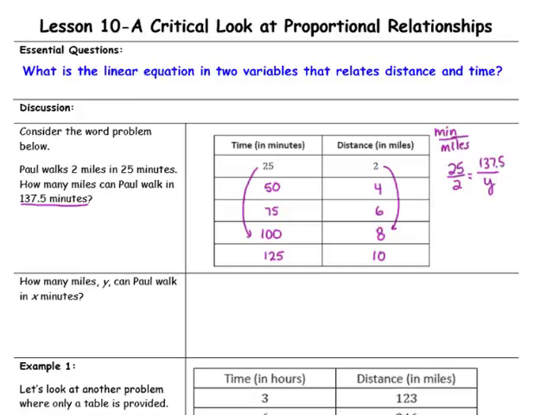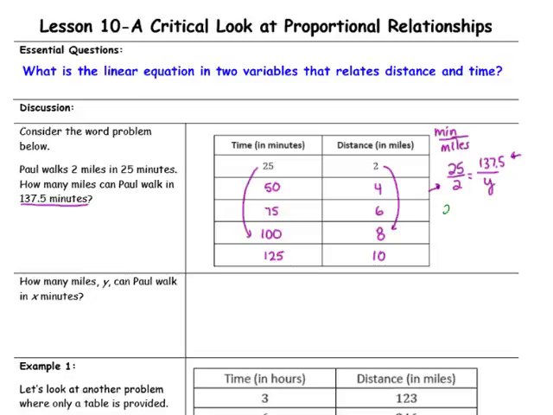On the left, this fraction represents his rate, 25 minutes in 2 miles. It is a proportional relationship, and we want to determine in 137.5 minutes how far he can walk. Write a linear equation multiplying each numerator by the other fraction's denominator. Remember, this is called the cross product.